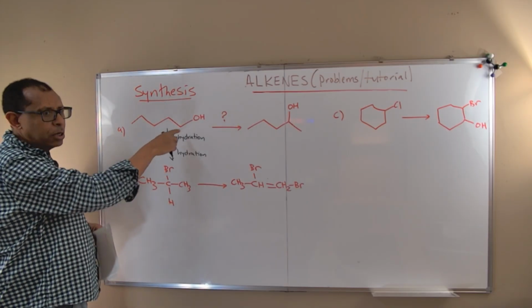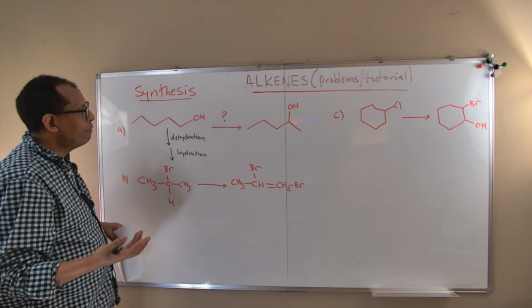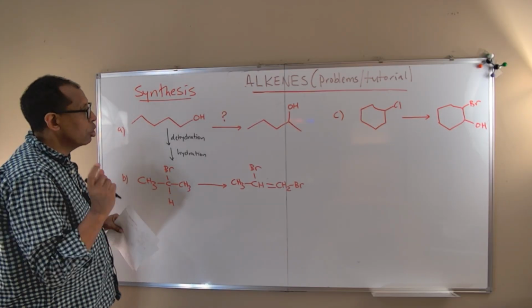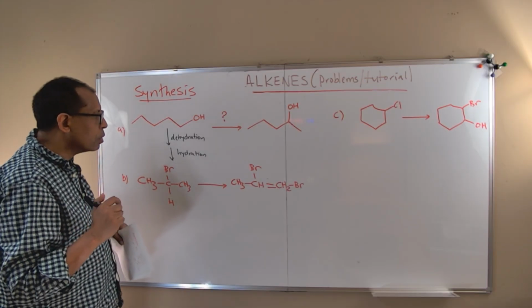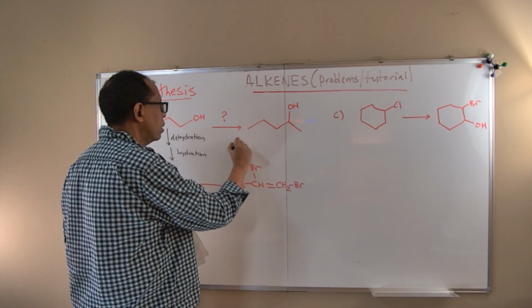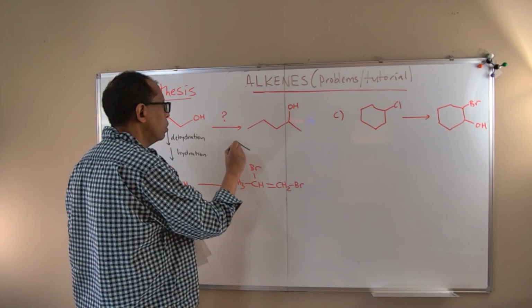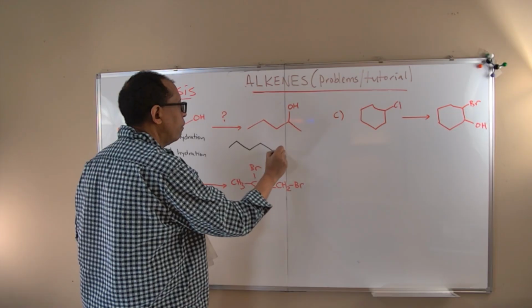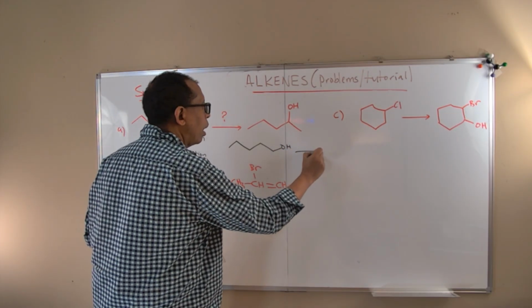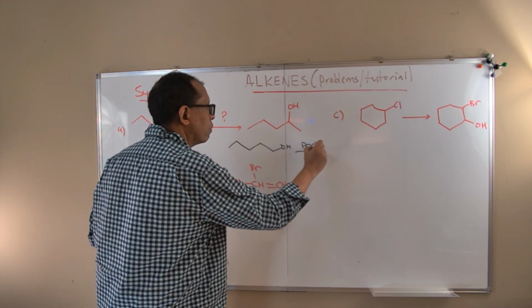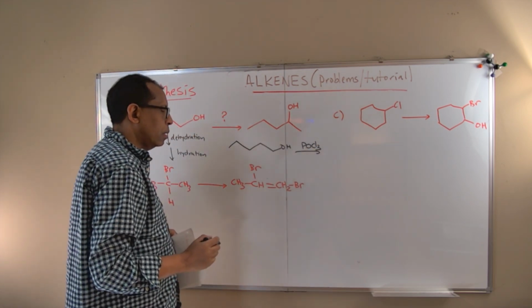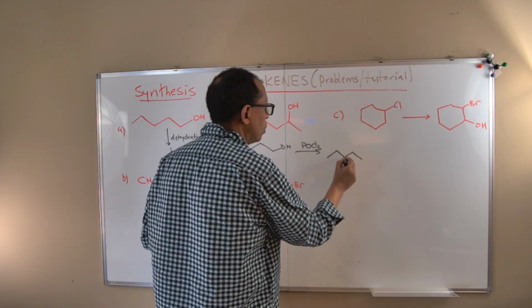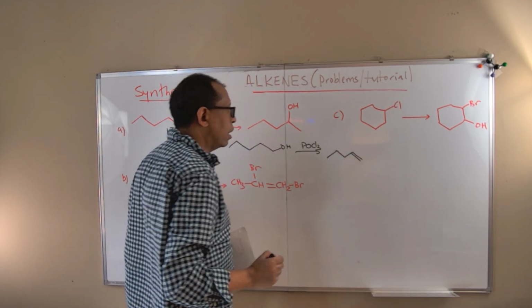For dehydration of alcohols, for example, phosphorus oxychloride has been used, if you remember, in chapter 9. So the way I would start the synthesis would be this 5-carbon chain with OH. I would dehydrate using phosphorus oxychloride. That would dehydrate it into this alkene.